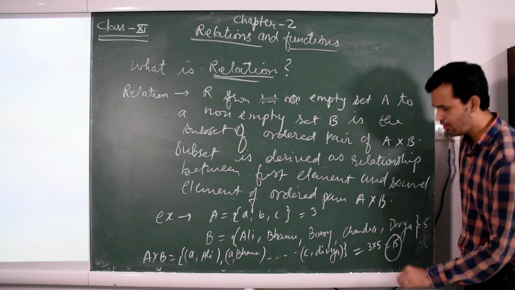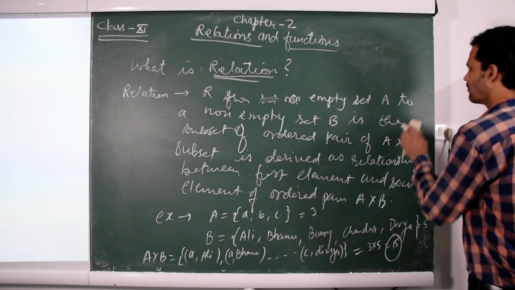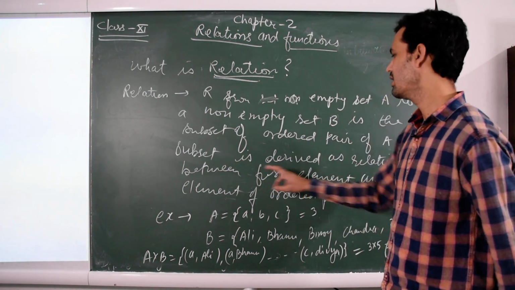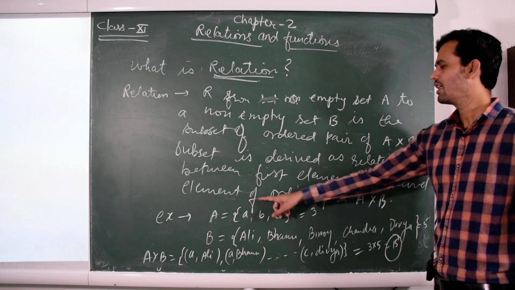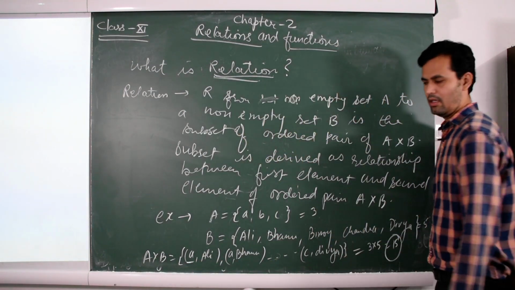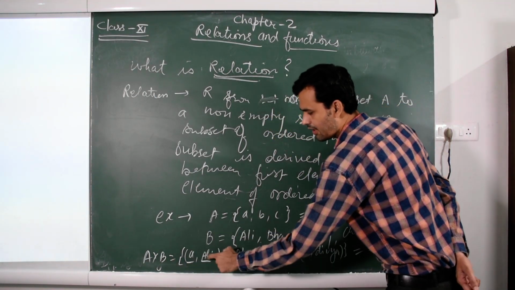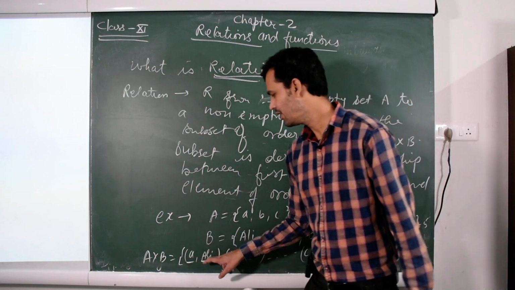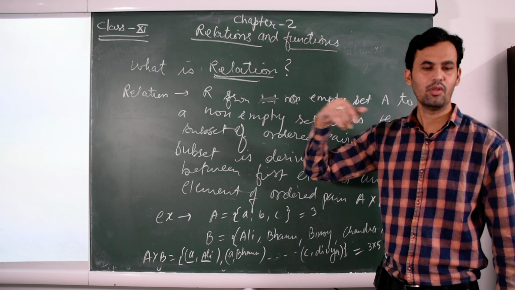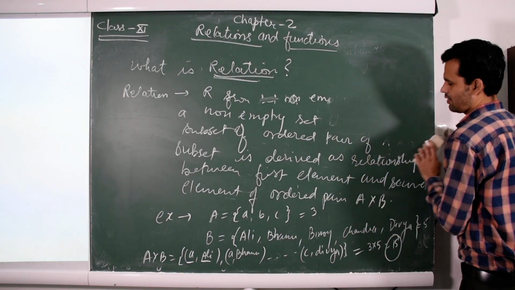So there are 15 ordered pairs in A into B. The subset is derived as the relationship between the first element and the second element of the ordered pair. So this is the first element and this is the second element. The relation between these two elements is called relation R.